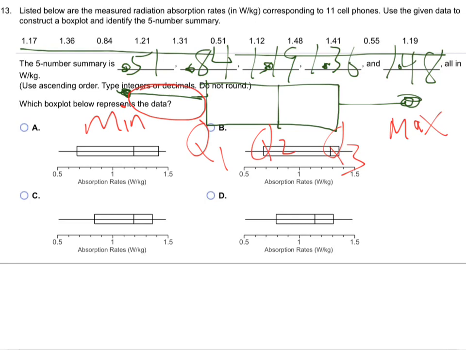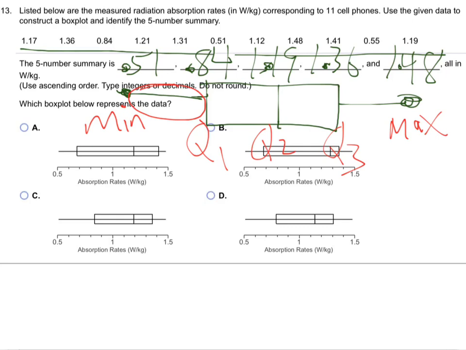You would know that 25%, 1/4, of all the students are between 0.51 and 0.84, even though those aren't the right numbers. The next 25% are between 0.84 and 1.19. The third quarter is between those two, and the fourth quarter is between 1.36 and 1.48. It quarters data, breaking a whole bunch of data into 4 even sections. These are quartile blocks.